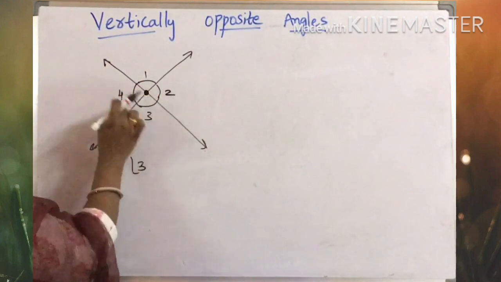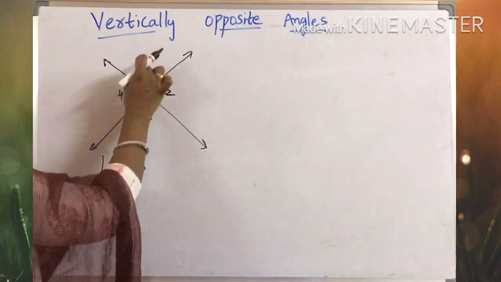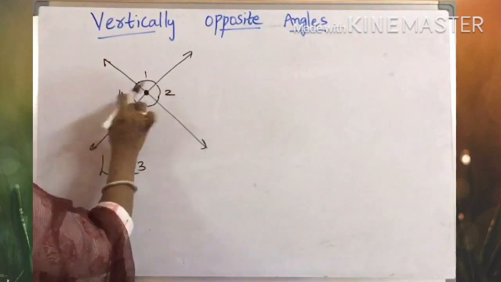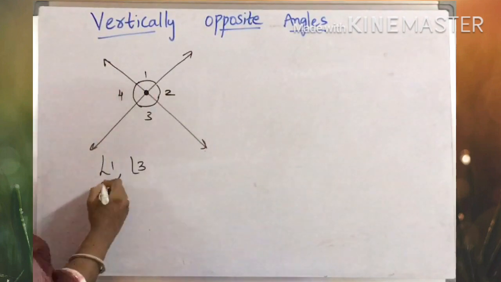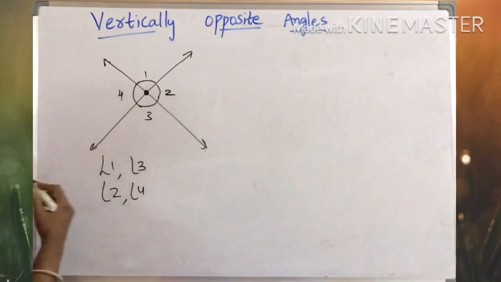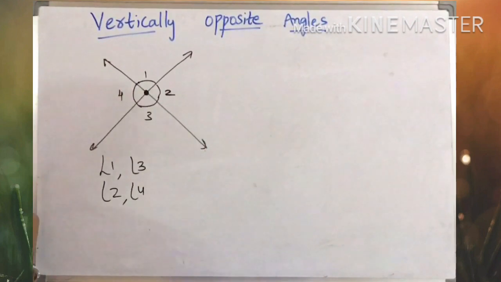Coming to next, 3 and 4 are adjacent. 4 and 1 are also adjacent. And what about 2 and 4? Are they adjacent? No. So angle 2 and 4 also form a pair of vertically opposite angles.